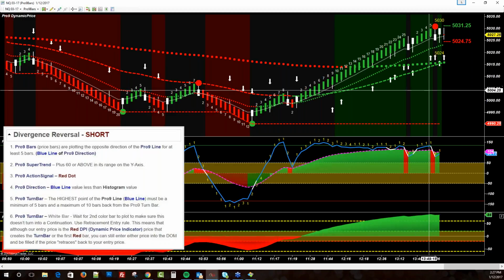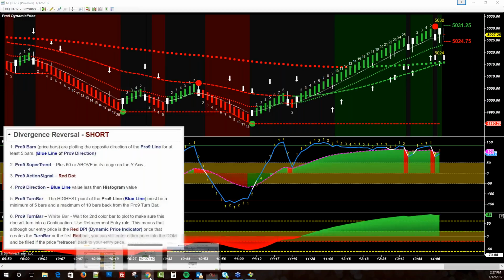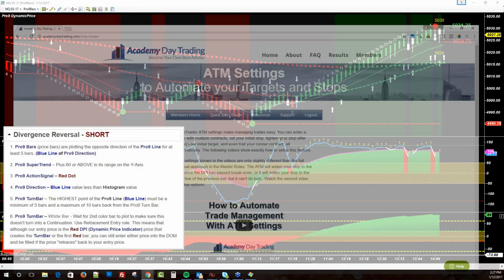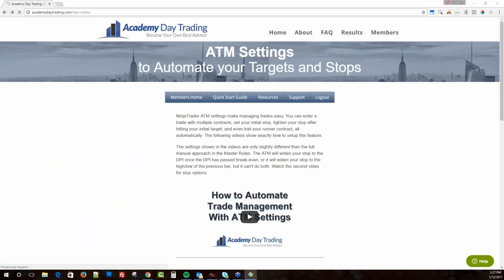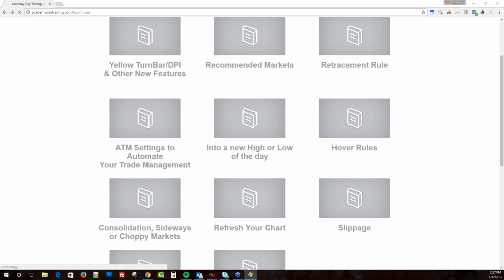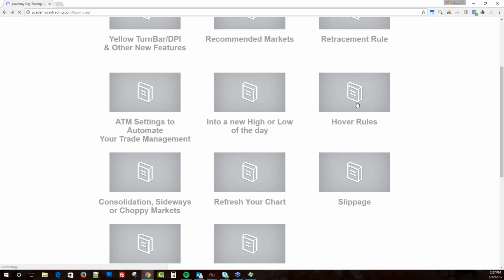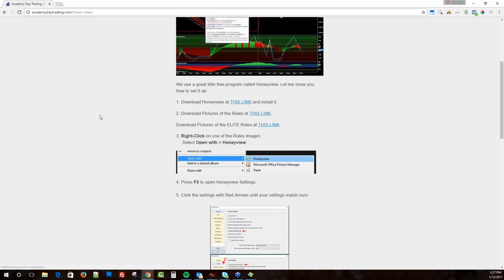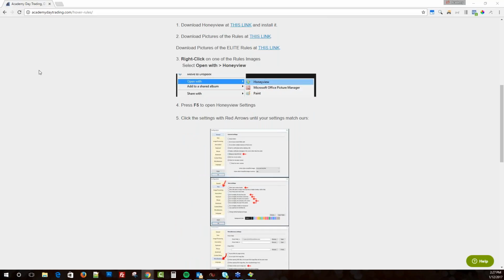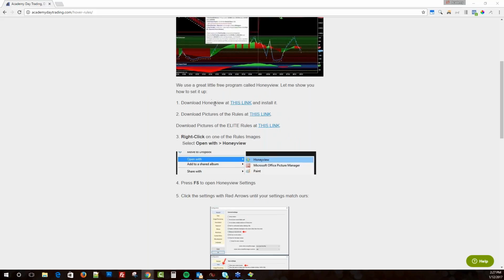We do have this handy HoneyView. It's called, it's a free program. This will also be under the resources, under essential tips. Now, if we come down here to the hover rules, you'll just download this program, HoneyView.